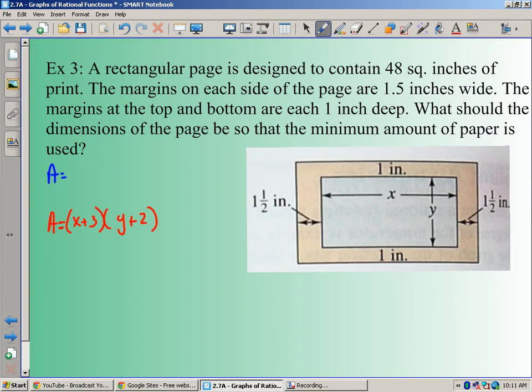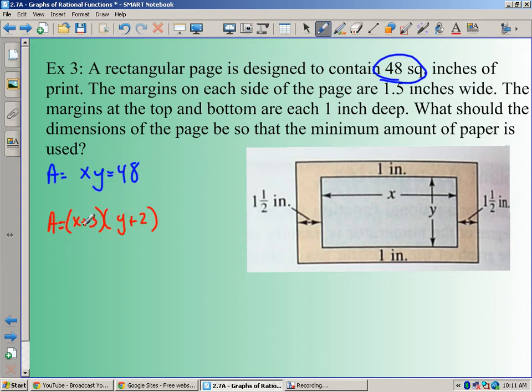I know the area of the print is 48 square inches, so that's x times y equals 48. If that's the case, then I need to solve for y to replace it so that I can do this all in terms of x, so that I could graph it. So if I solve for y in this blue area equation, y is going to equal 48 divided by x.